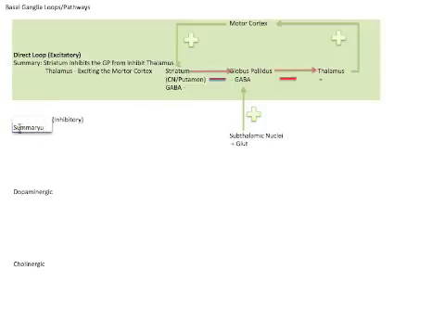So again, we can summarize this as defining the subthalamic nucleus excites the globus pallidus, which then inhibits the thalamus, ultimately leaving the thalamus to be unable to excite the motor cortex.